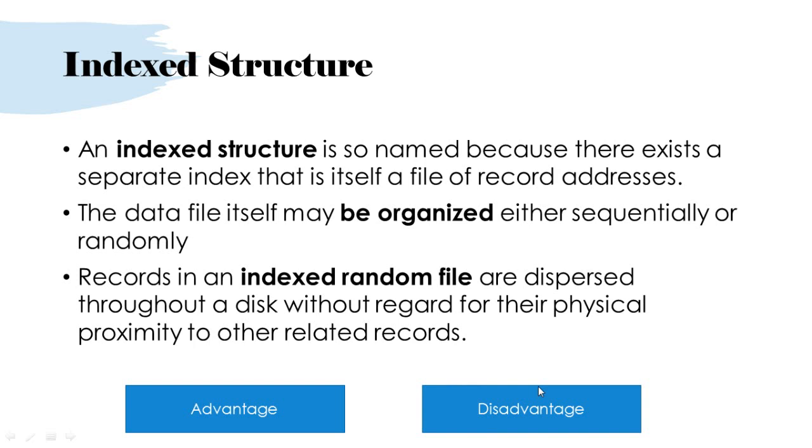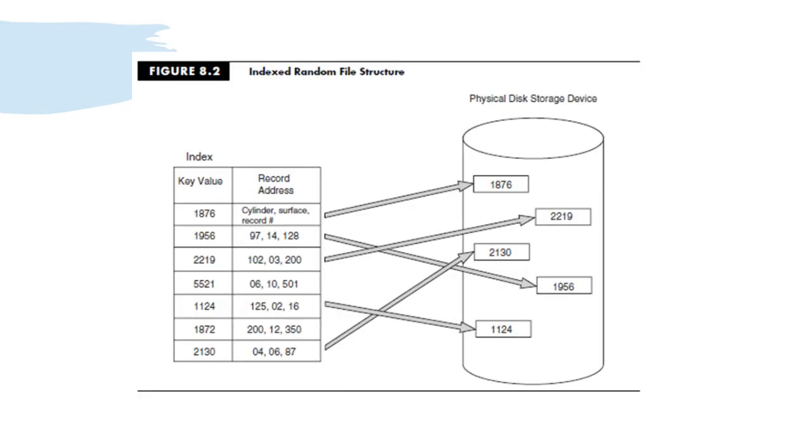But it has a disadvantage: for random files, the index structure is not an efficient structure for operations that involve processing a large portion of a file. If we must deal with a large portion of a file, we can use the virtual storage access method, or VSAM.